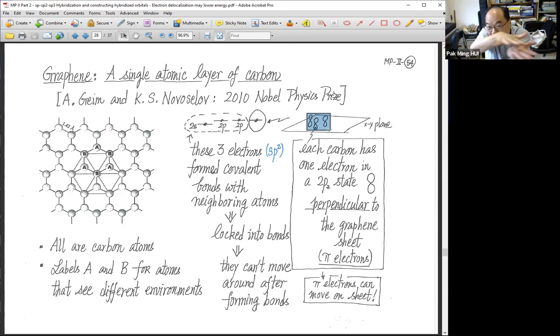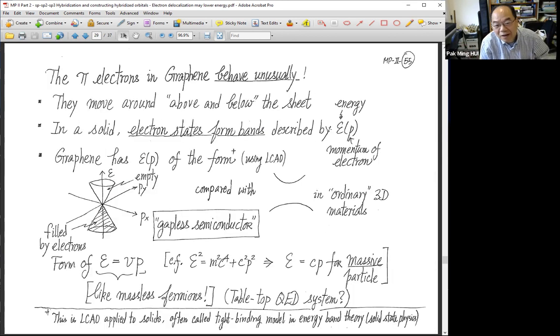That is the pz delocalized electrons. And now that is a bit of solid state physics. I cannot explain it to you in this course. That takes 2 hours or so. You need band structure, etc.